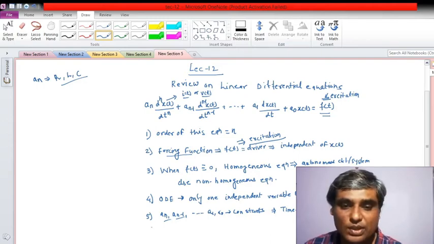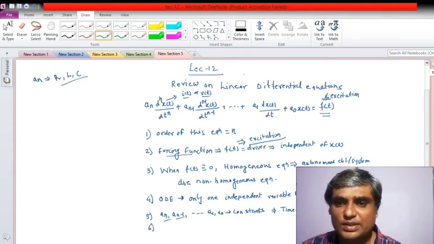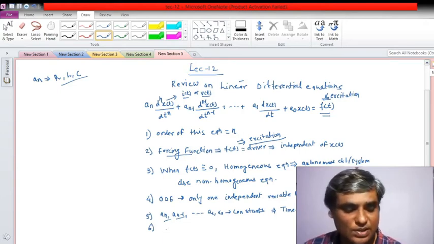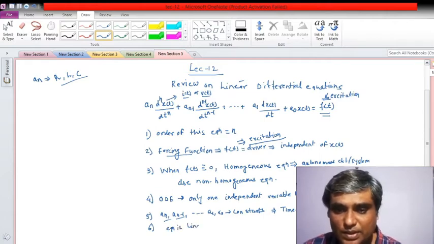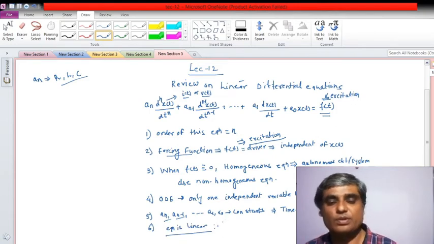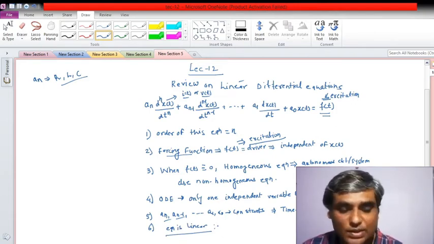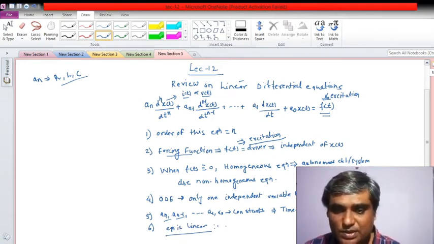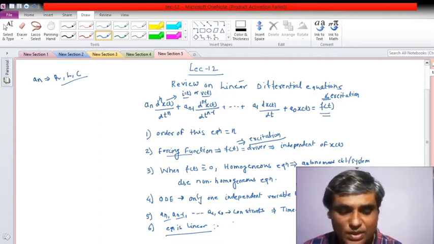The sixth point I would like to mention is that the equation has to be linear. That we know already here. This equation is linear, and the equation has to be linear. It means it will contain only terms of first degree in x of t and all its derivatives.